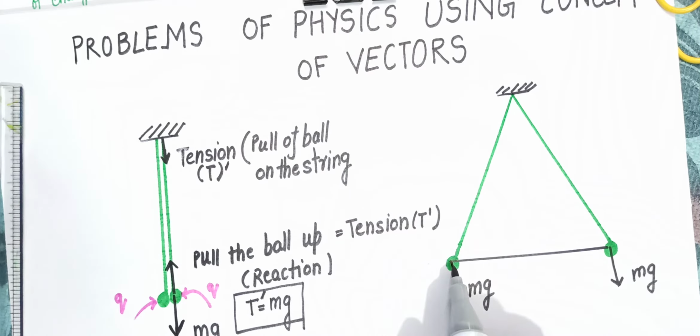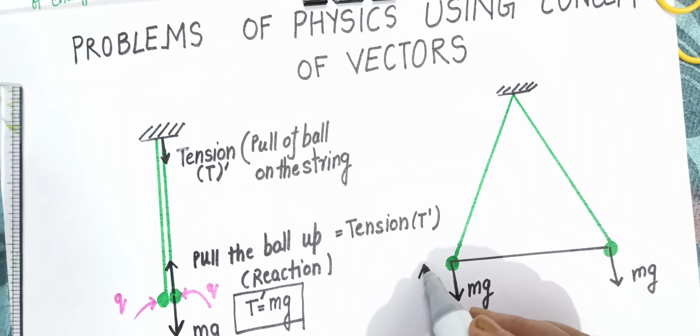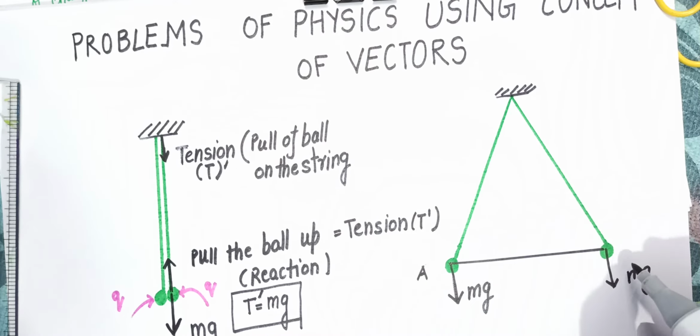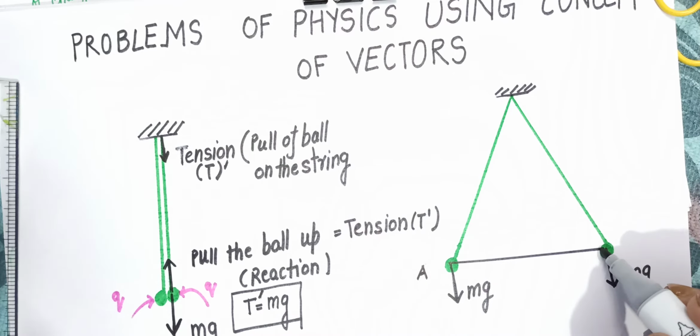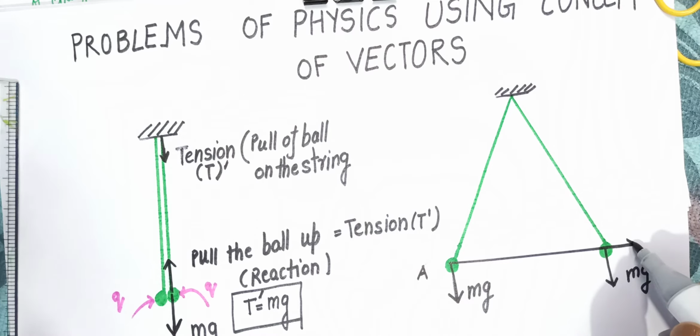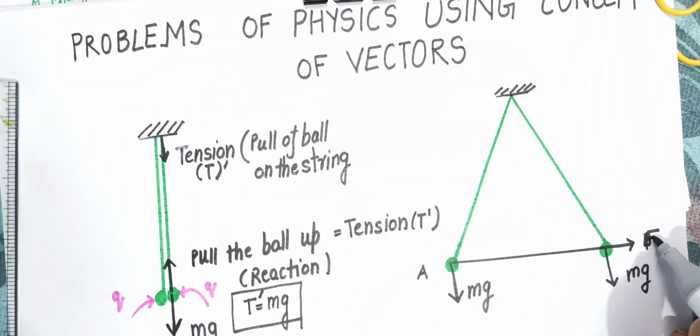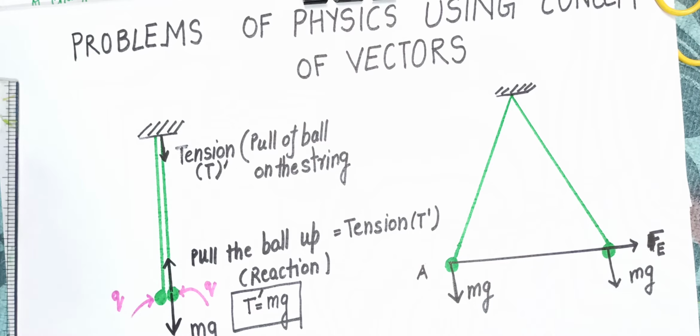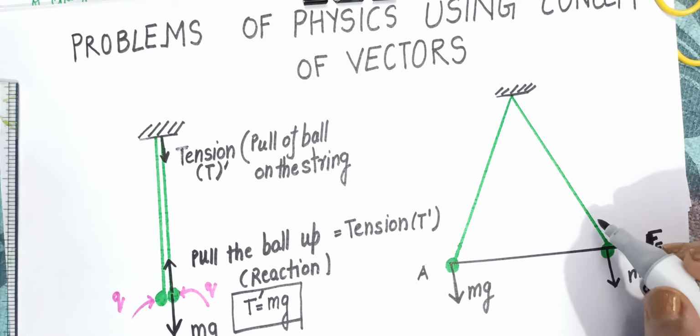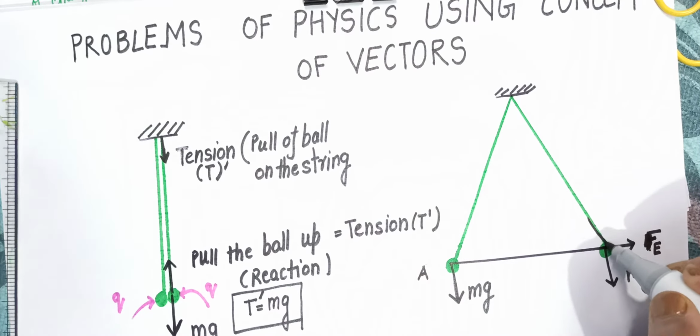So if you call this ball A, then ball A will push ball B in this direction. And we will write it as Fe, that is the repulsive force or electrostatic force. So this is the second force acting on the ball. And the third force is the tension force, which is no longer vertical now.